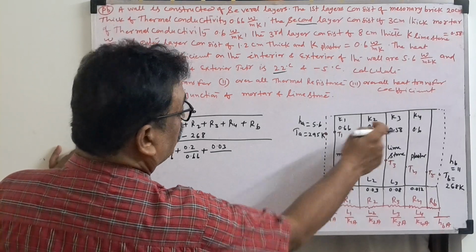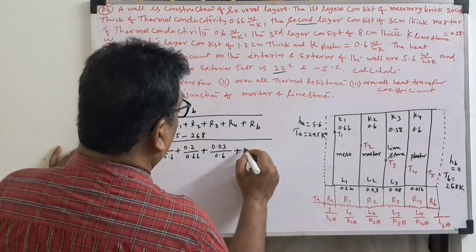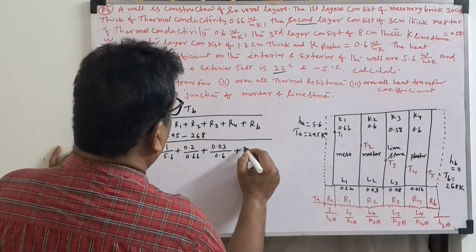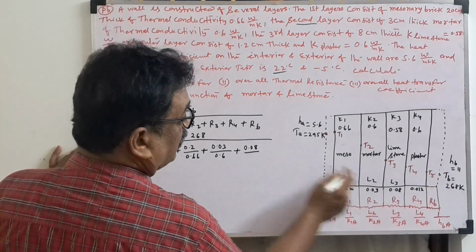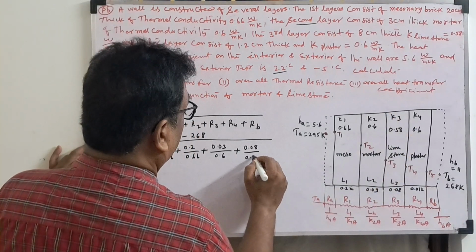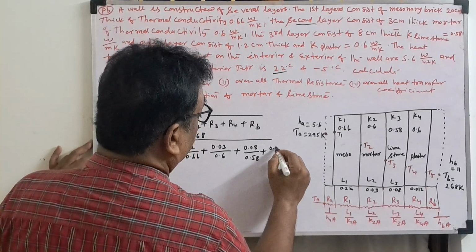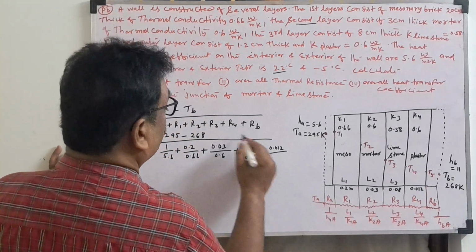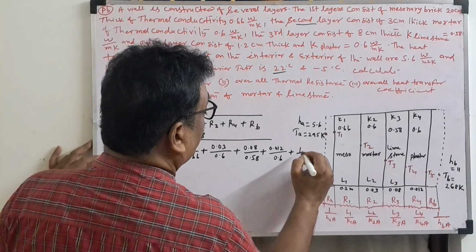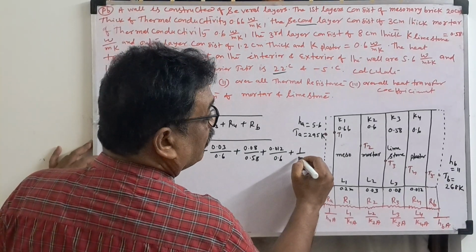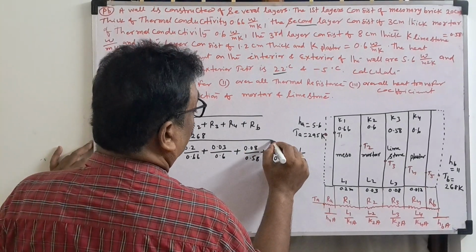Then what is K2 here? 0.6 plus 0.08, this is R3. So 0.08, what is K3? 0.58 plus 0.012, what is this one? Thermal conductivity 0.06 plus 1 by 11, heat transfer coefficient 11.